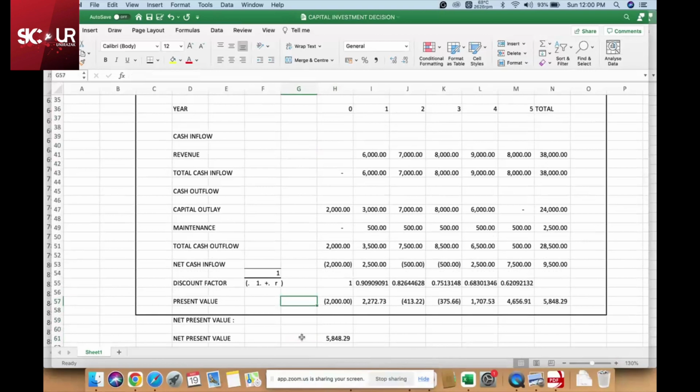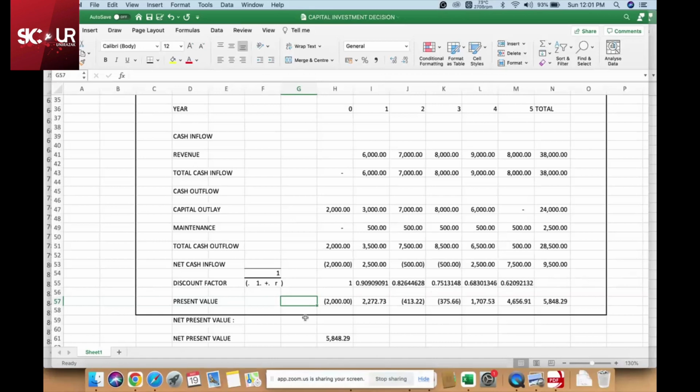So we got the discount rate for year 1, year 2, year 3, year 4, and year 5. We can extend this to 10 years if you like, but you have to recalculate for year 6 to year 10.